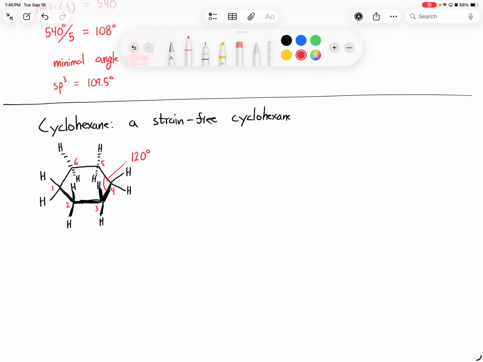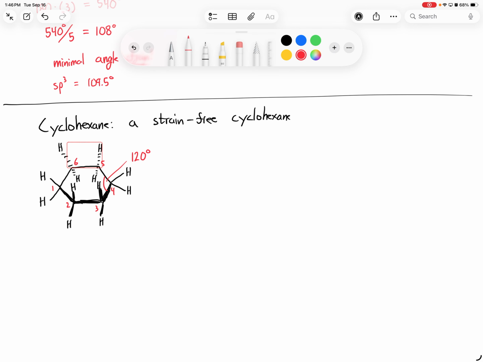So it looks like in the planar view, we have now gone from 108 degrees in cyclopentane to now 120. So that's still too big, right? So for tetrahedral geometries, that's still considered bond angle strain, okay?